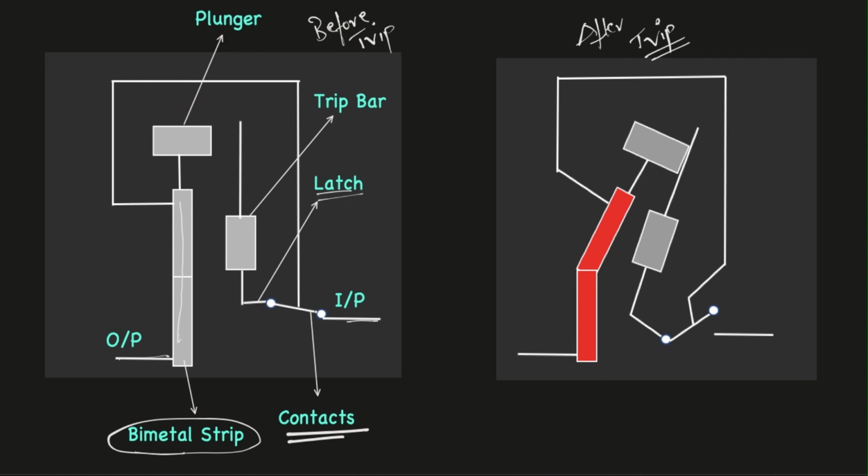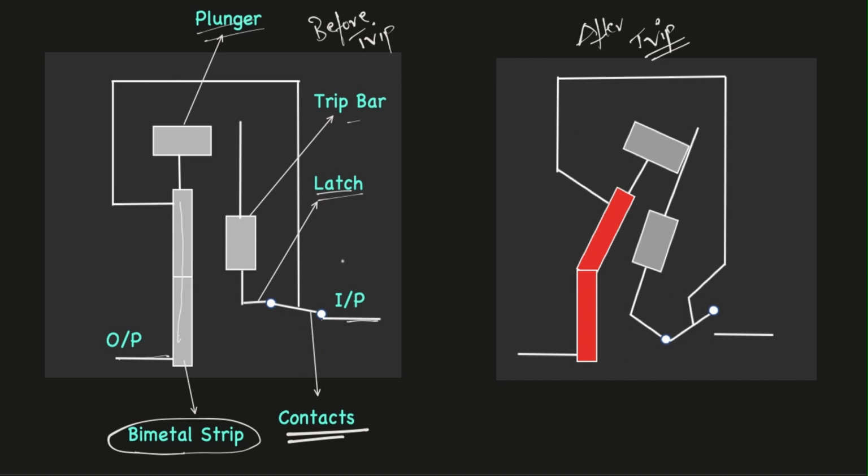With the help of the latch, this contact will open and close. Here is the trip bar and this is the plunger. The plunger is used to push this trip bar away so that this latch can move this contact away. The plunger is pushing the trip bar. The trip bar is attached to the latch. The latch is helping the contact to open or close.